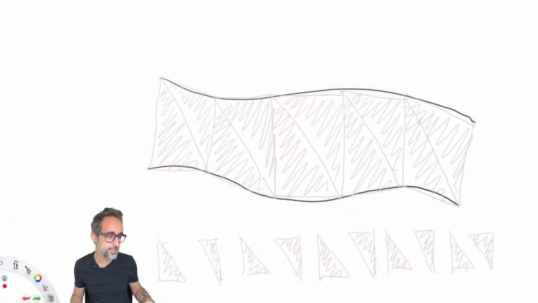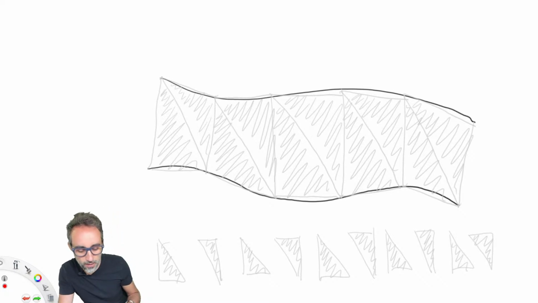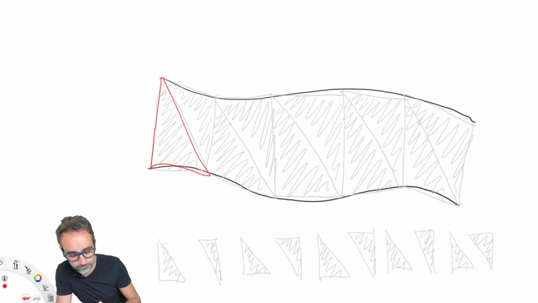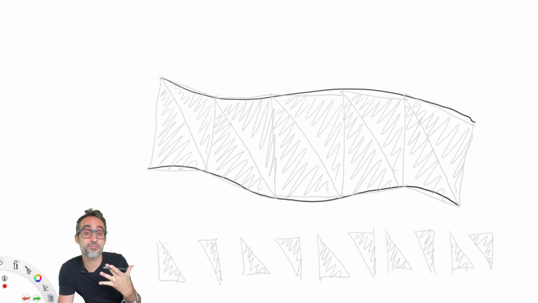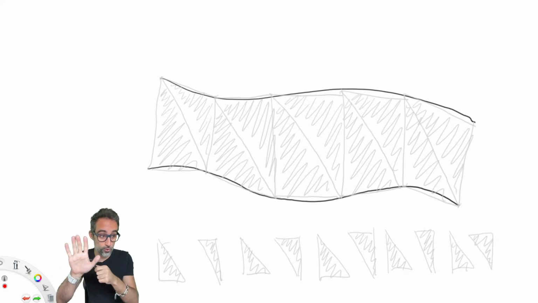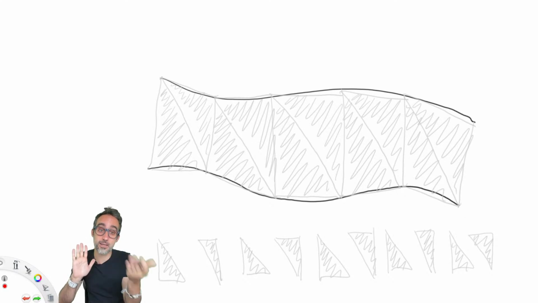So in order to do this, we will need to figure out for each particular triangle which reference plane we use for the source, and which target plane we are going to be moving it to.